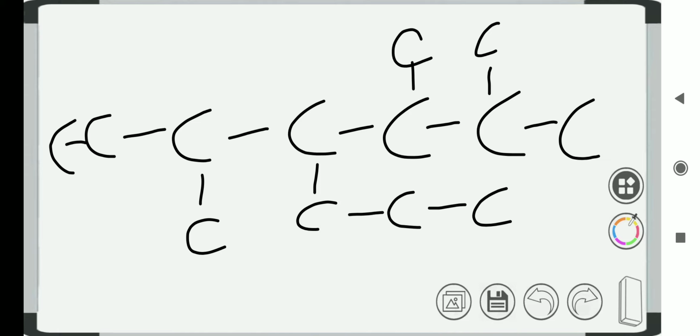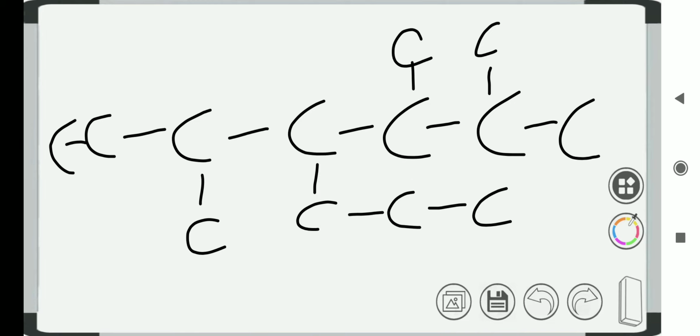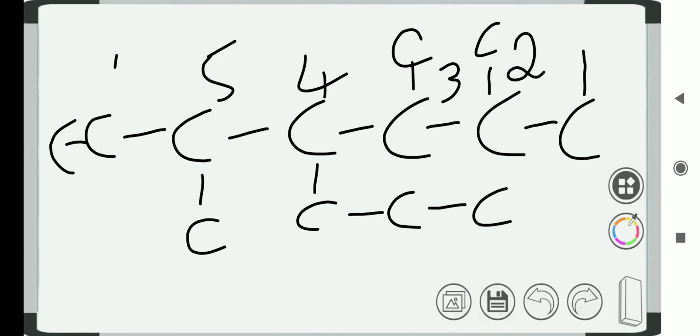Where do we initiate, as per the rule? Go for selecting the longest parent chain. After that we choose the substituents and initiate the numbering with the lowest number for the substituents. Here we have 1, 2, 3, 4, 5, 6 and 7.